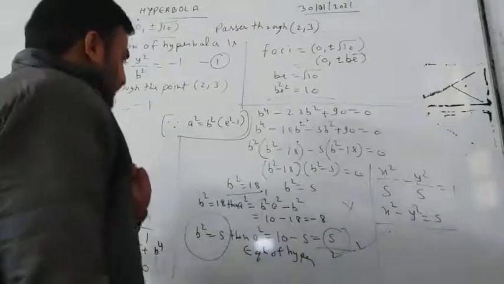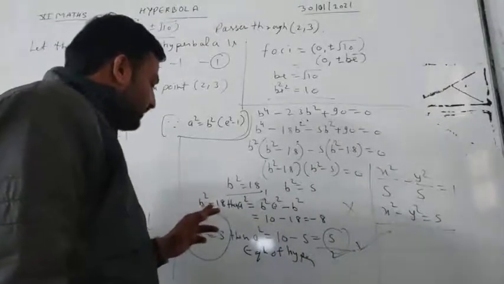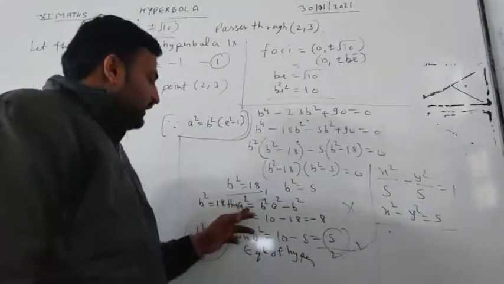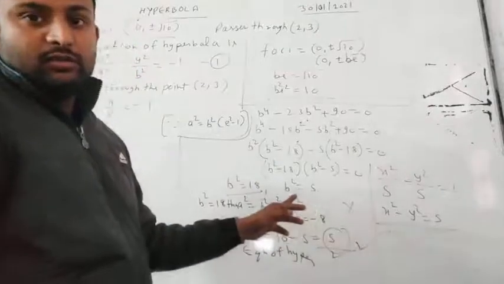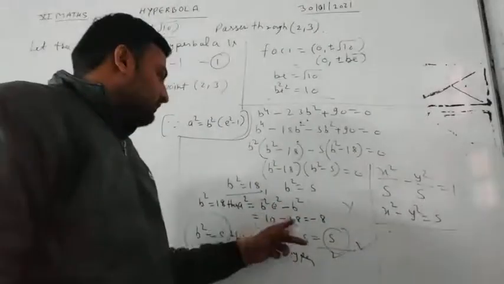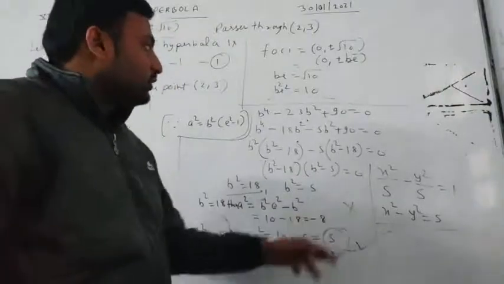So from here, students, when we take b² as 18, then a² is b²e² − b². So it will be 10 − 18, which is −8, and students, this is not possible.